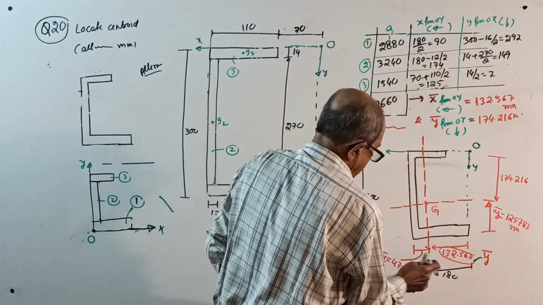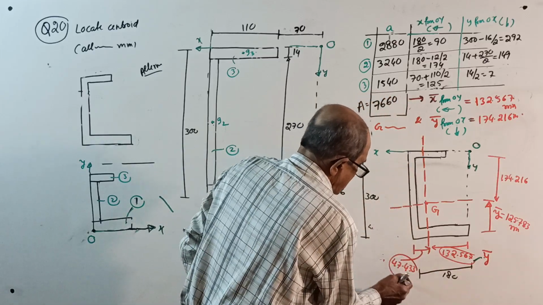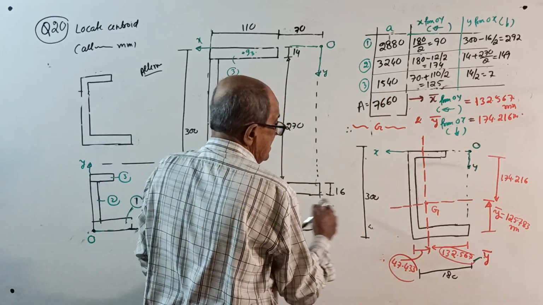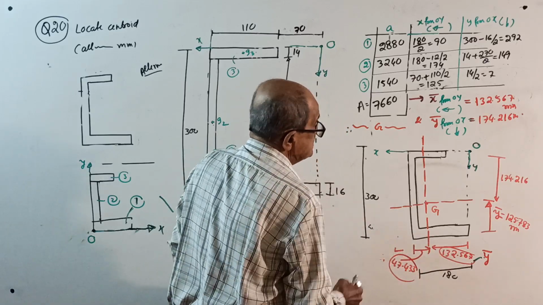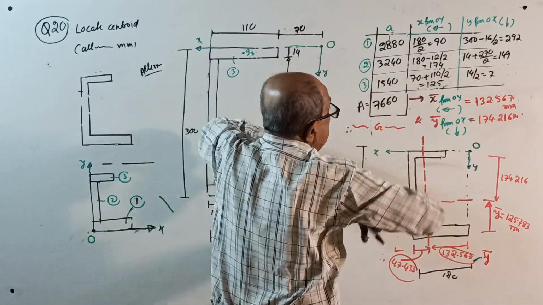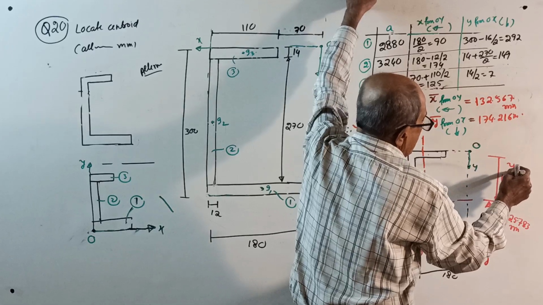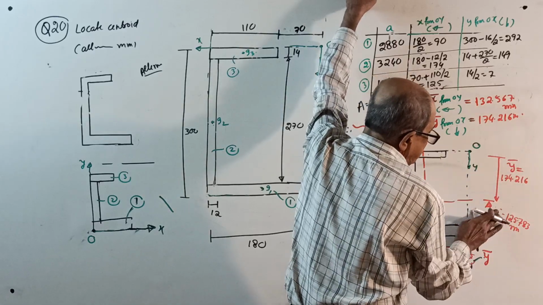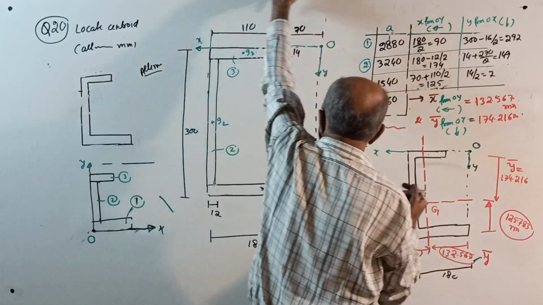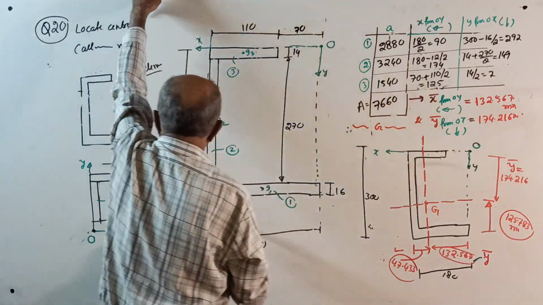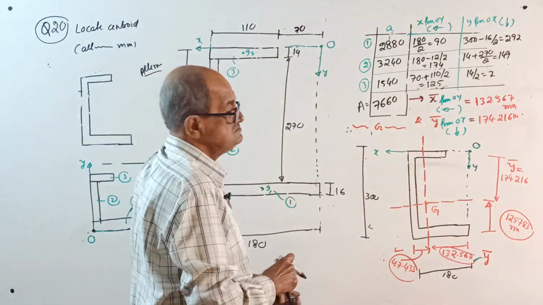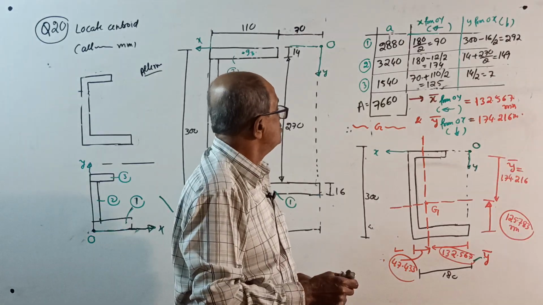And from the total width of 180, subtract it, you will get this distance. And now, from top edge, this is your y bar. And this you calculate by subtracting that y bar from 300. Okay, question is over now.